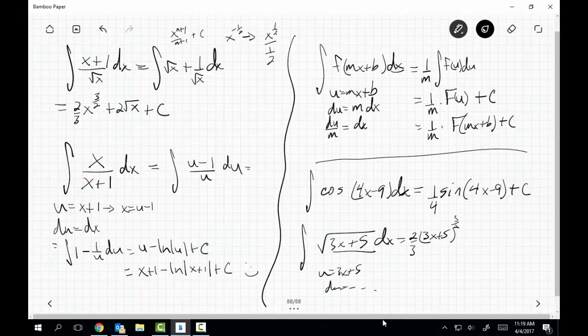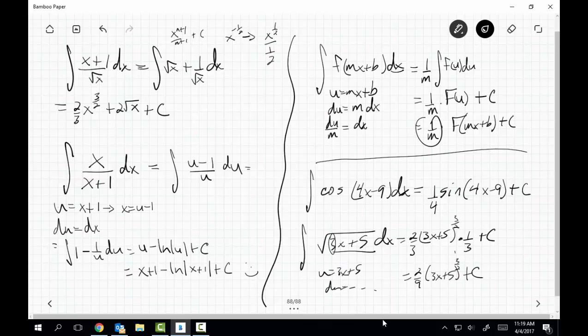You've taken the antiderivative of the square root a bunch, and this is going to be times 1/3. This 1/3 is the 1 over m. Plus c, of course, and this becomes 2/9 times 3x plus 5 to the 3/2, plus c. It saves you time. You can choose to use it, or you can choose not to use it. However, it's not bad when you do use it.